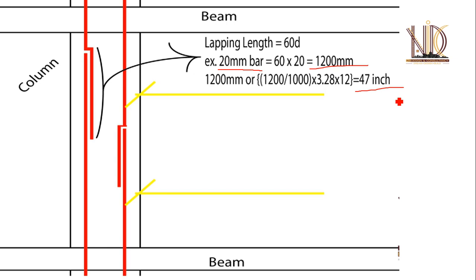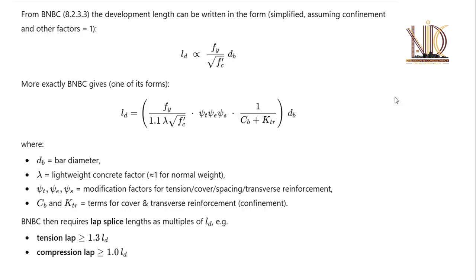But BNBC, the Bangladesh National Building Code 2020, and the ACI code also say that lapping length in the compression zone should be the same as the development length, and in the tension zone should be 1.3 times the development length. So what is the development length formula? Development length is proportional to yield strength divided by the square root of the strength of concrete, and the diameter of the steel bar.